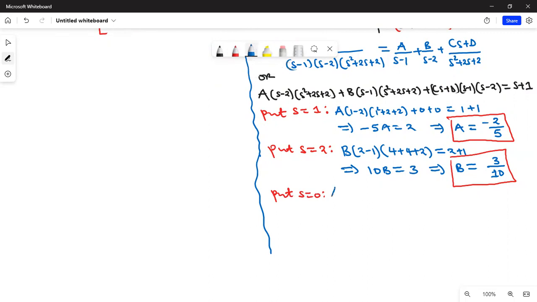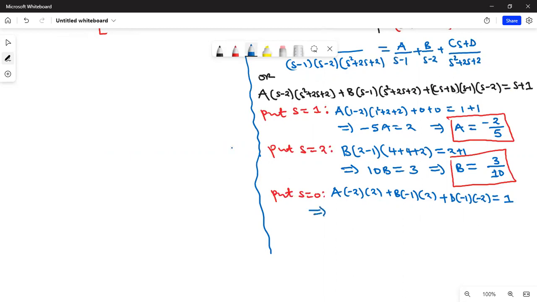I'm going to get A times negative 2 times 2 plus B times negative 1 times 2. Of course, C will disappear because S is 0, so I'll just have plus D times negative 1 times negative 2 is equal to 1. 0 plus 1, that's 1.